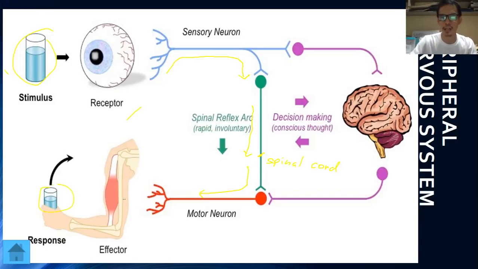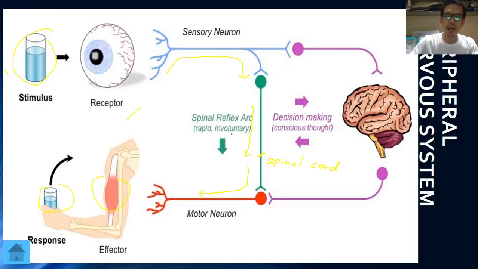It will instruct the muscles in your arm to release the glass, so that you will not be burned by that certain stimulus. Alright, so that is the reflex arc.